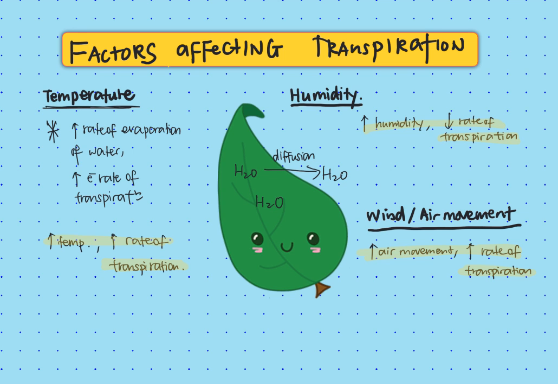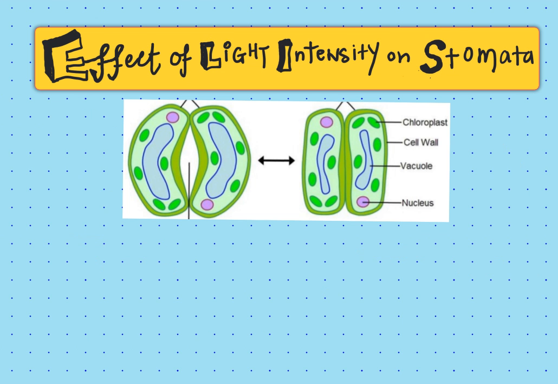Alright, before we go on, we have to look at another part, which is about the effect of light on the stomata. It is a little bit tricky, so we just want to take a look at it closer.